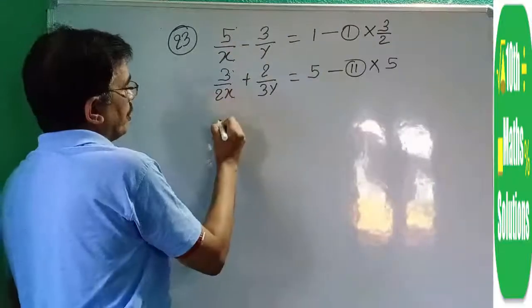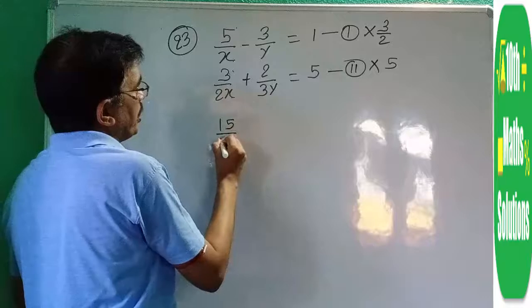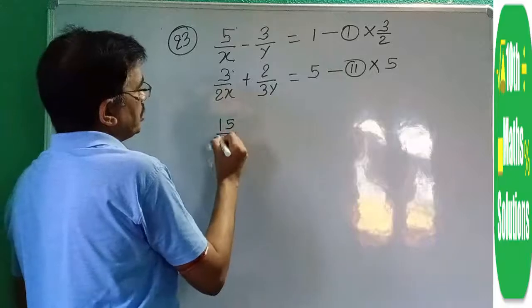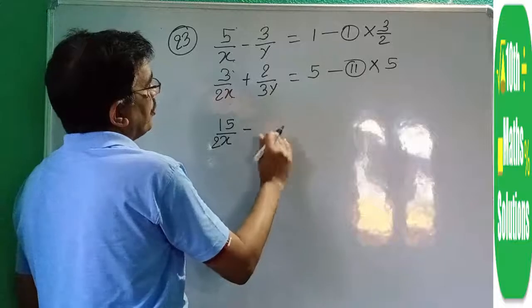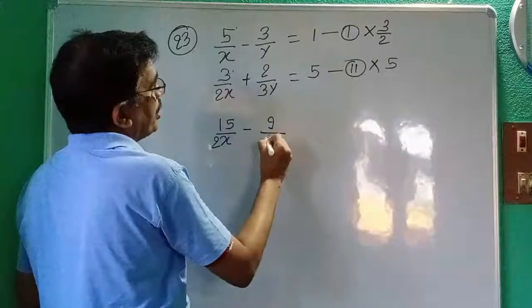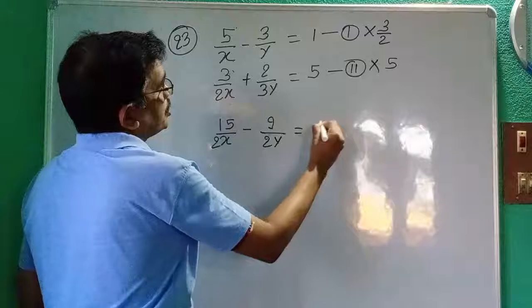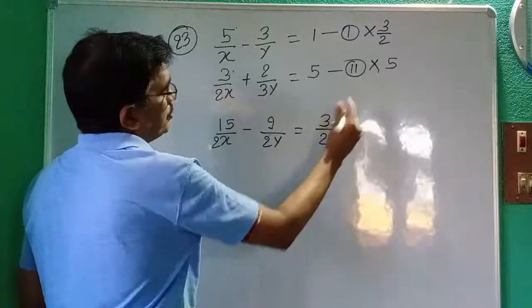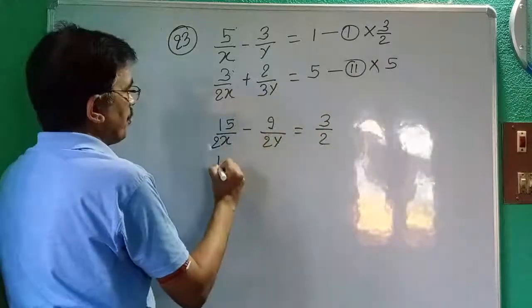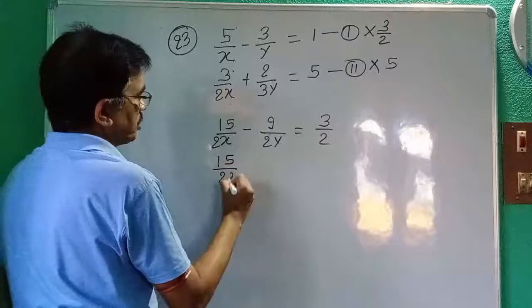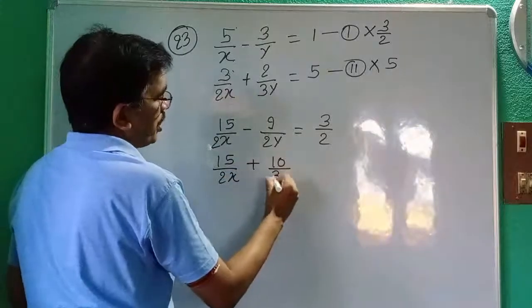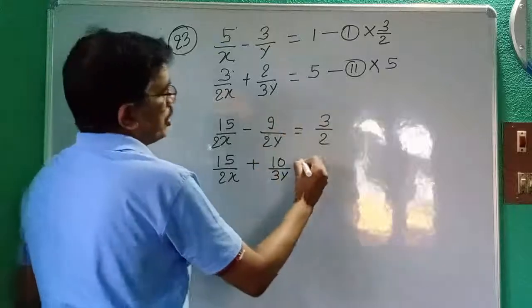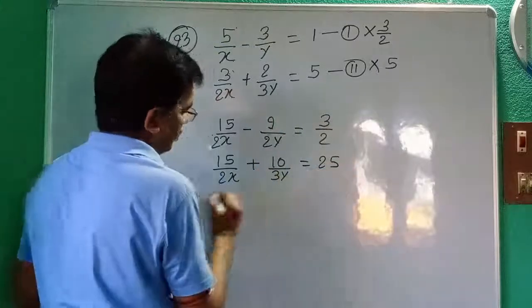What do you get now? You get here 15 by 2x minus 9 by 2y is equal to 3 by 2. Here 15 by 2x plus 10 by 3y is equal to 25.